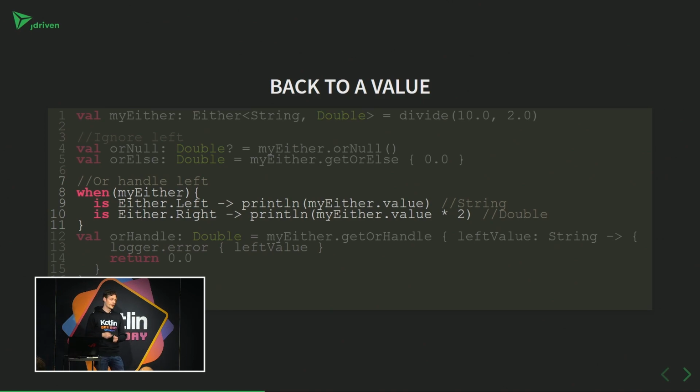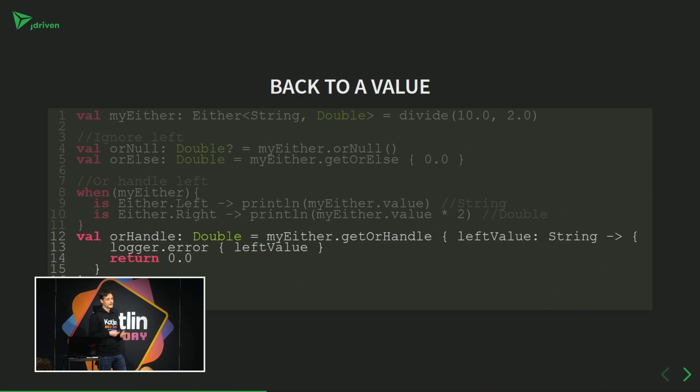So we can do things like times 2 on it here. And lastly, we have a getOrHandle, which tries to transform the left value into the type of the right, so try to recover from being a Left. In this case, we have a string, so it's going to be quite hard to change that into a correct double. So in this case, I can just use it to log an error and return 0.